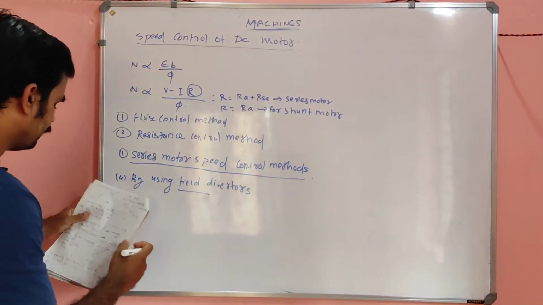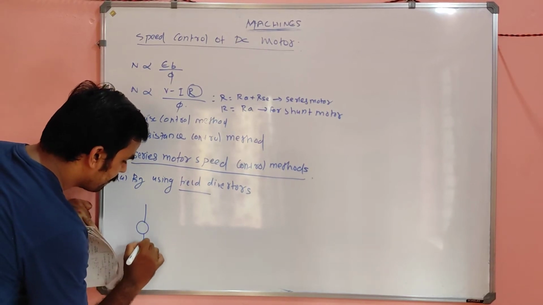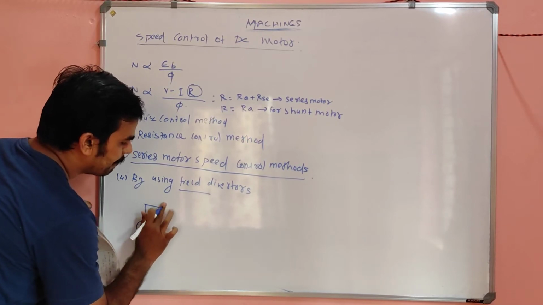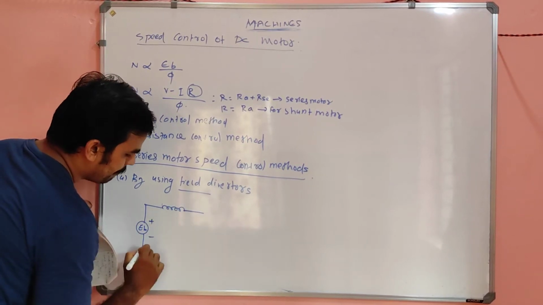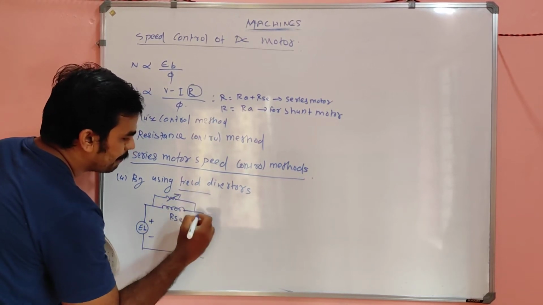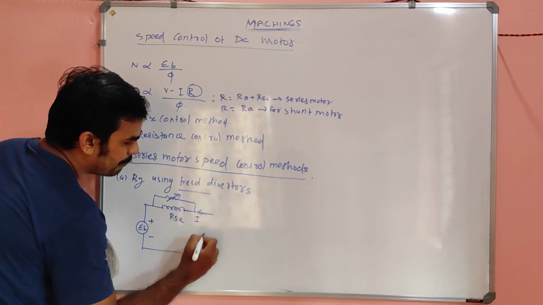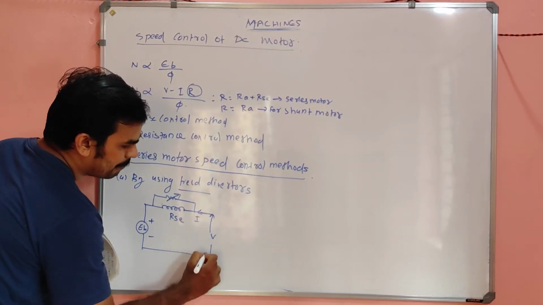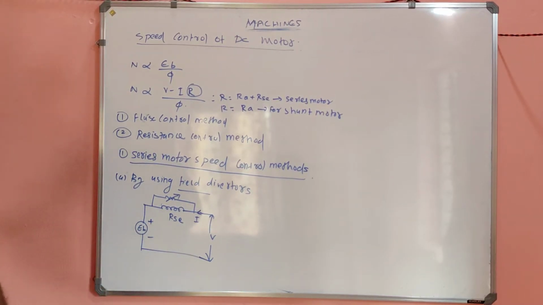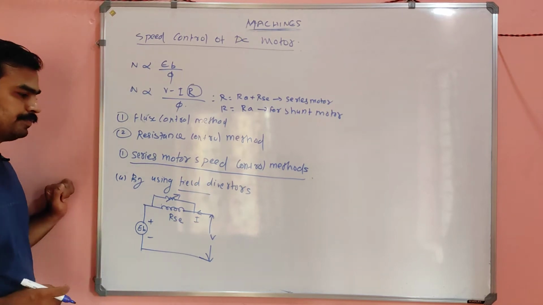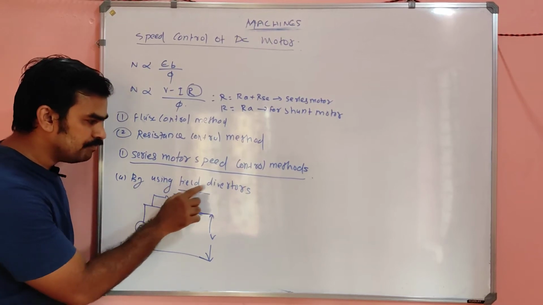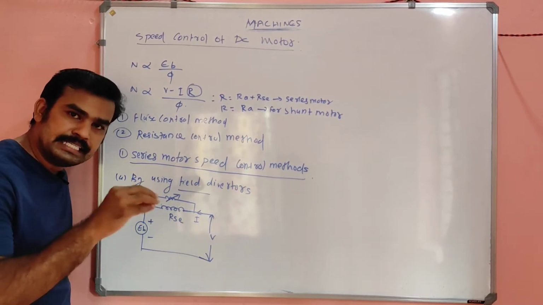Okay, draw the figure. This is the circuit diagram for varying the speed of a DC series motor by using field diverters.